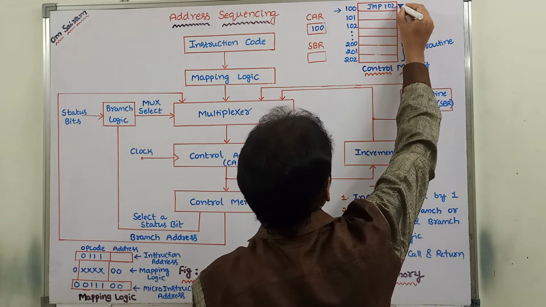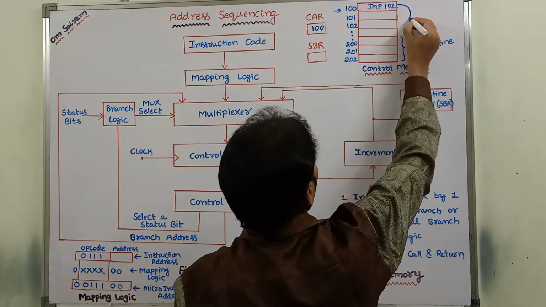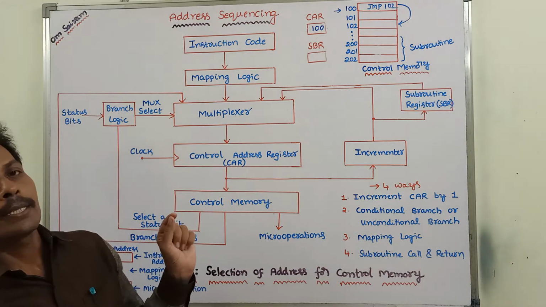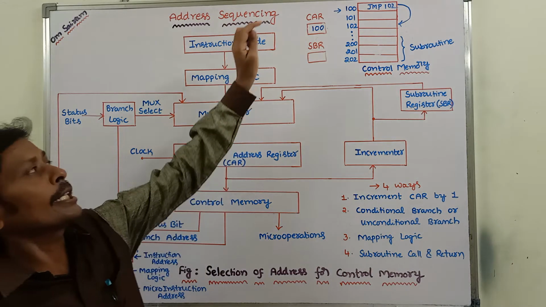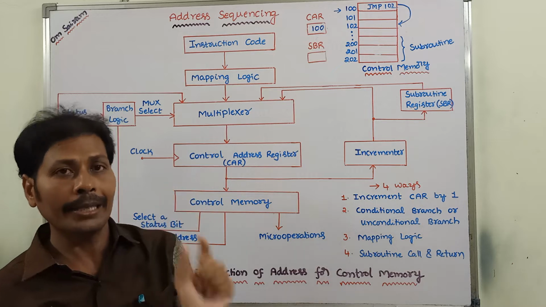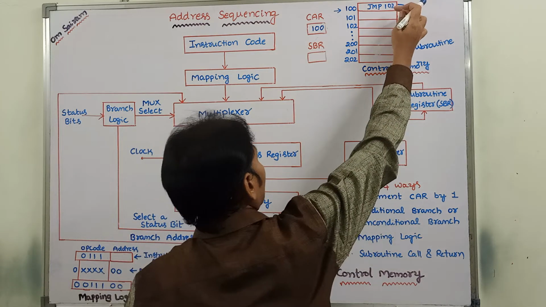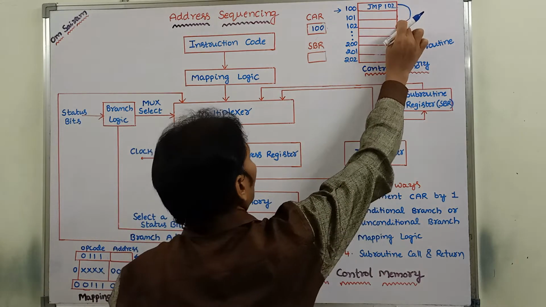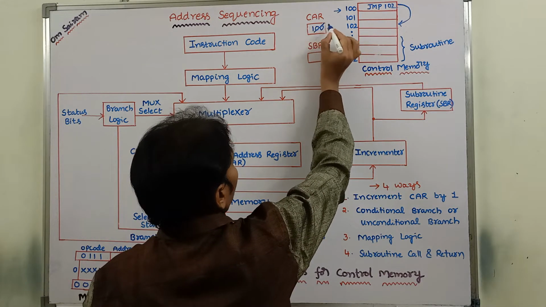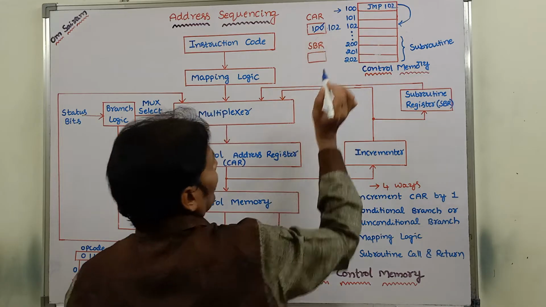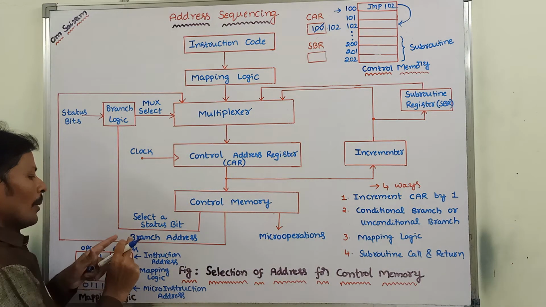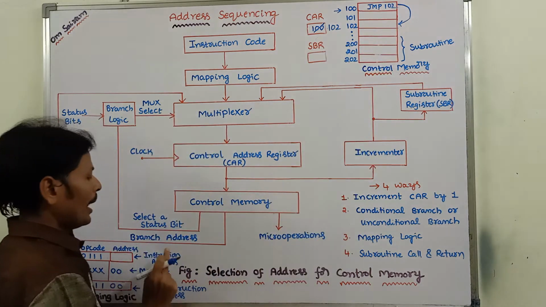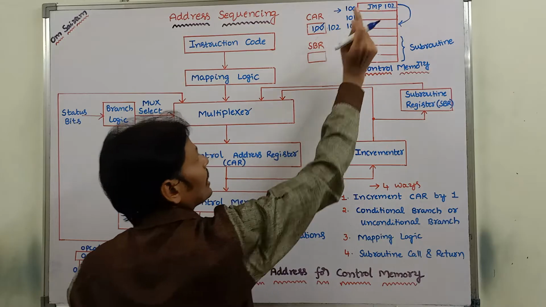That means the program control immediately transfers from the current micro instruction address 100 to the address specified within the jump instruction, that is 102. Now CAR is pointing to 102. So here the branch address is 102 and the branch instruction is JMP.